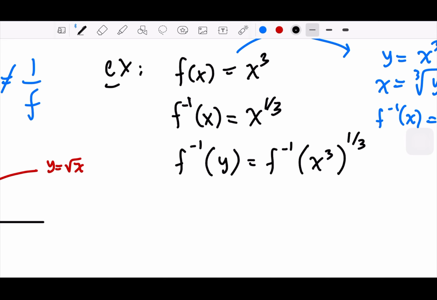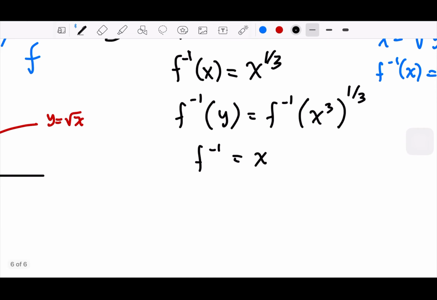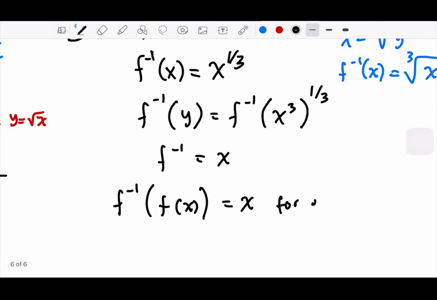This brings back these terms here, which we can consider as a property of inverse. This is true for every x in the domain A.